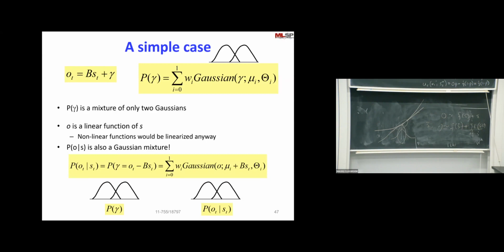So it's all Gaussian still. Nothing has changed, except instead of being a single Gaussian, it's a mixture of two Gaussians. What happens now? P of gamma is a mixture of two Gaussians, right? As a result, P of O given S, which is basically just the distribution of gamma with the mean shifted, is also going to be a mixture of two Gaussians, right?